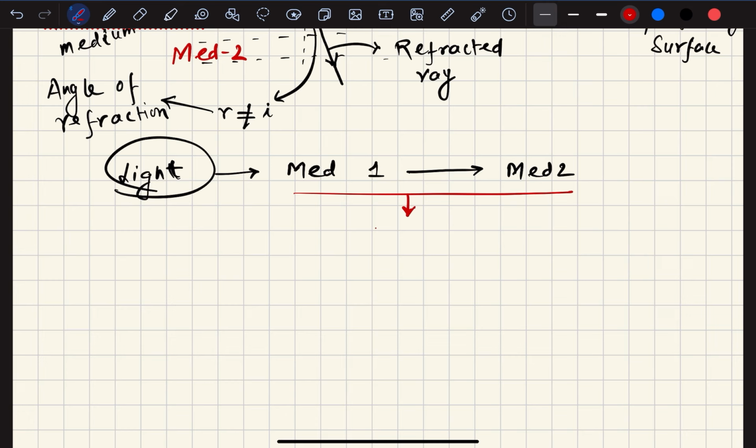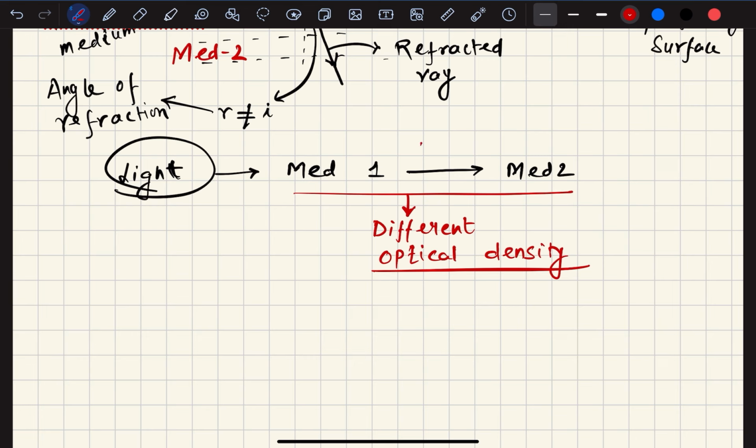Now when the light is traveling from medium 1 to medium 2, if these two media are of different, please write this down, different optical density, then only it is going to bend.